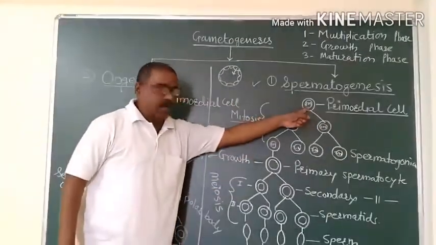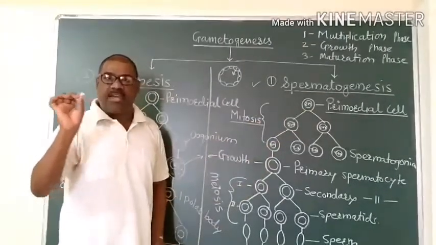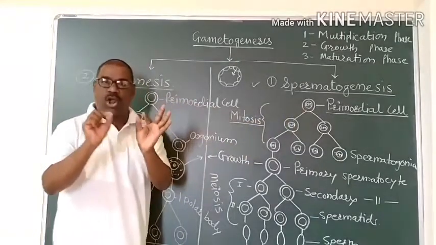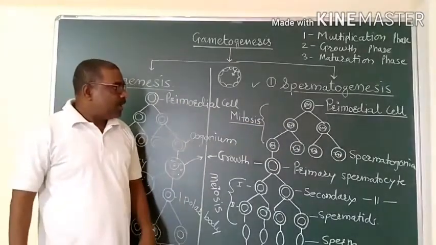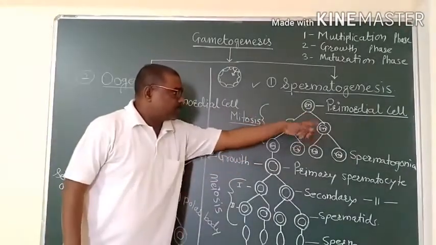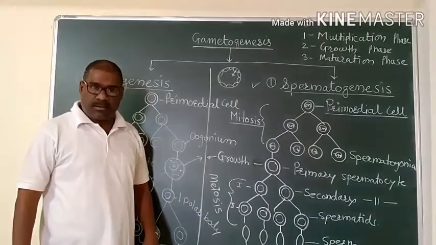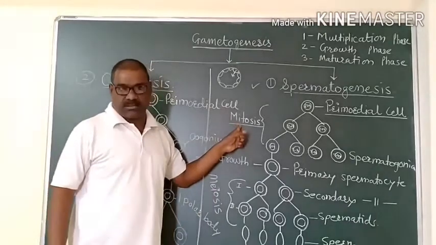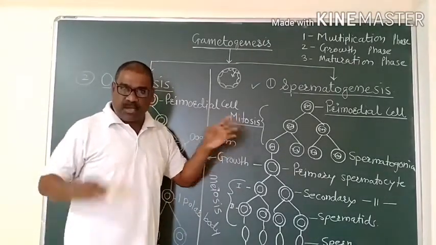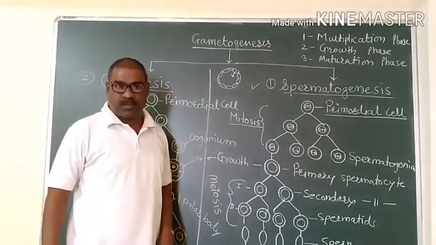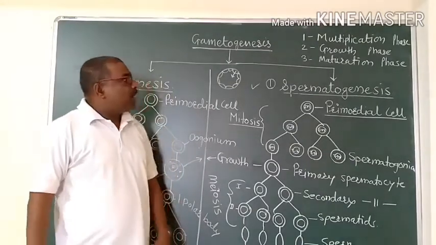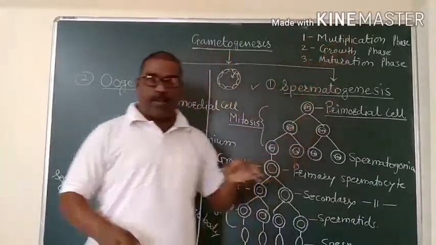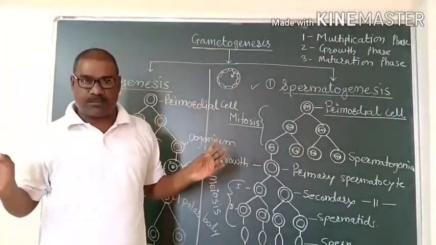Actually this cell has twice n nuclei, meaning it is naturally diploid in number. Here this primordial cell undergoes the process of mitosis. Mitosis means duplication. Hence this phase is called the first phase of multiplication.